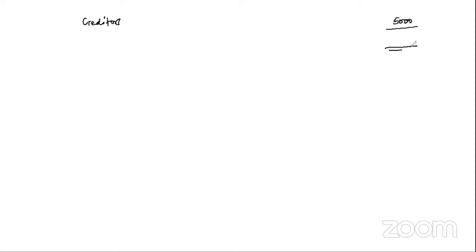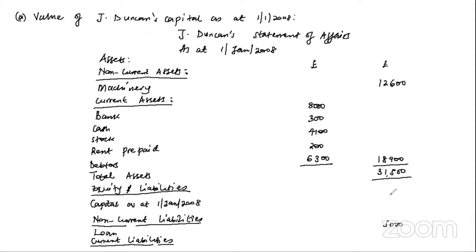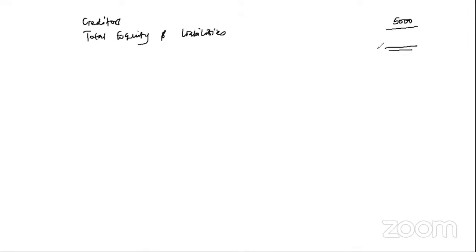But remember, when you add your equity and liabilities, this is total equity and liabilities. Your total equity and liabilities should equal the total assets figure, which is 31,500.